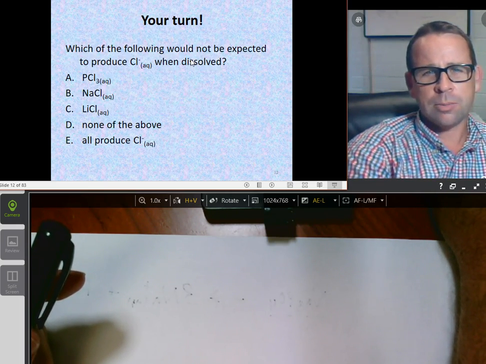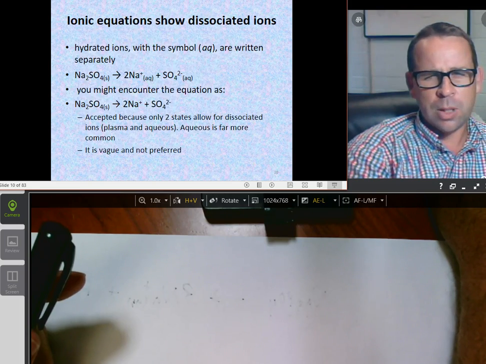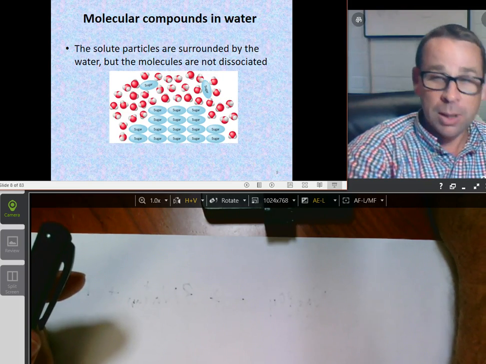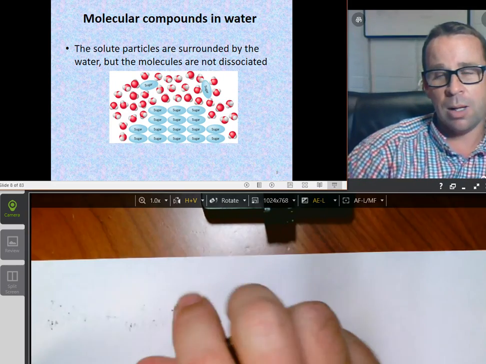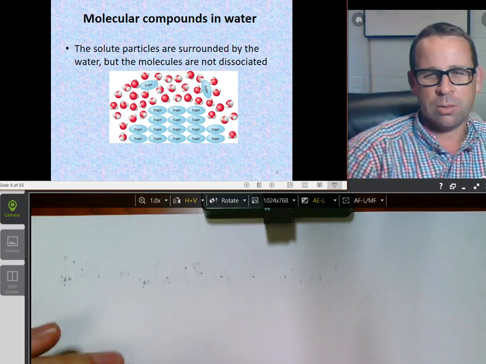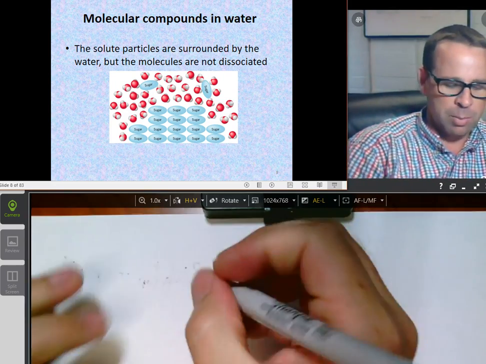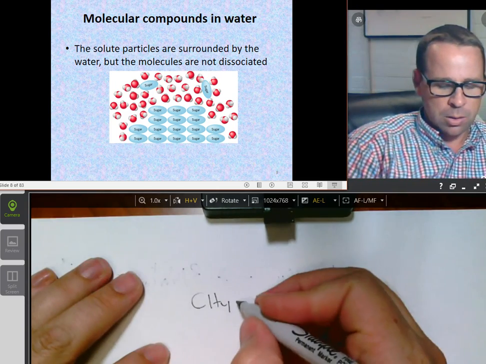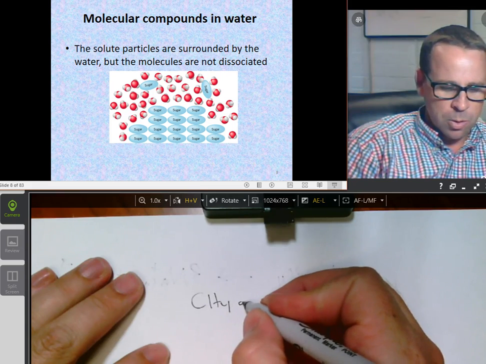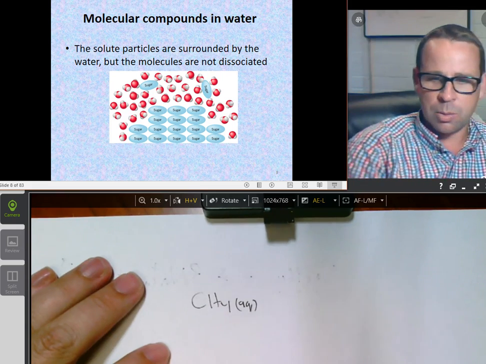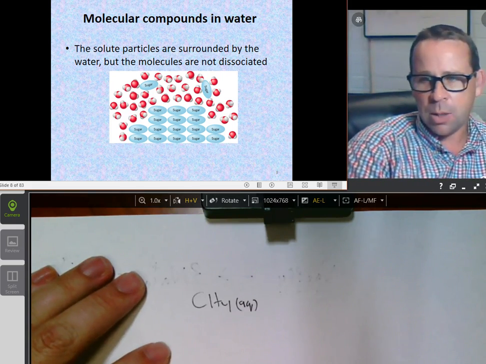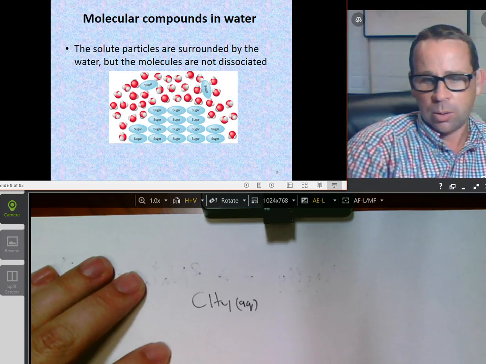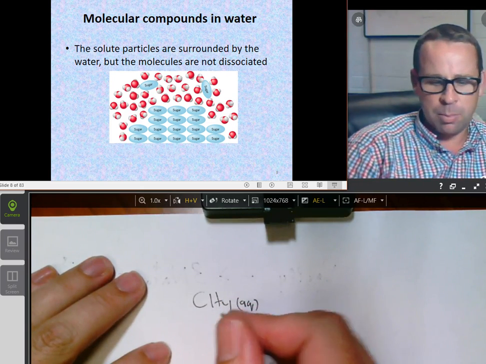All right. Now, as we showed, molecular compounds can dissolve as well, but they don't dissociate, right? So if I have a compound like CH4, right, it might dissolve in water a little bit, and so we would call it aq. We could say aqueous, it's dissolved in water, but it's not an ionic compound.